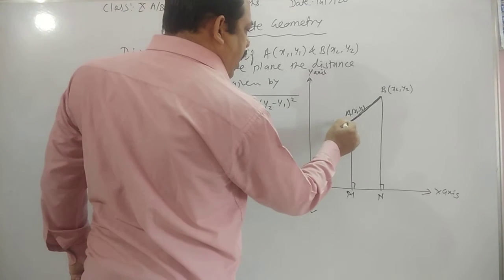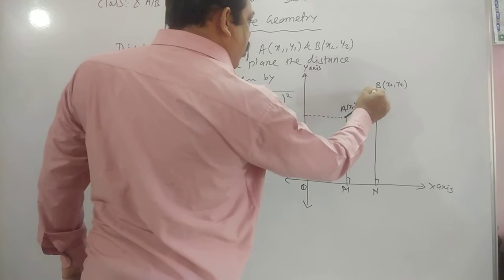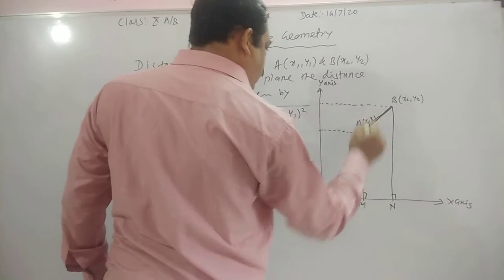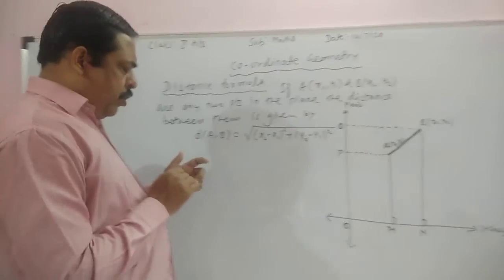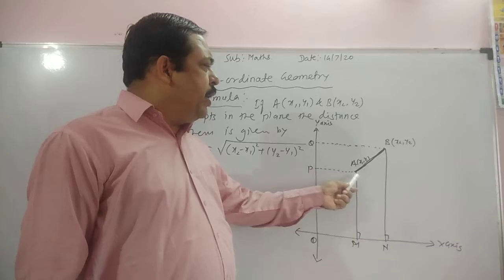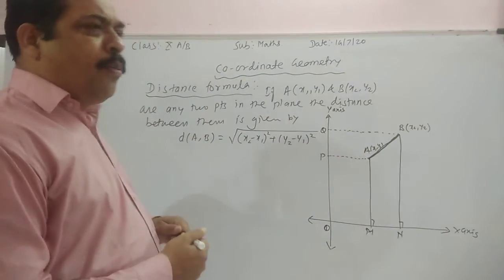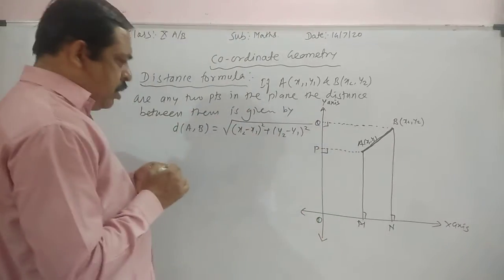Similarly, I draw two perpendiculars from point A and point B on y-axis: AP and BQ. AP is the perpendicular from point A on y-axis and BQ is the perpendicular from point B on y-axis.